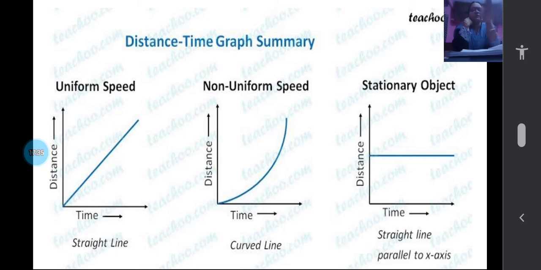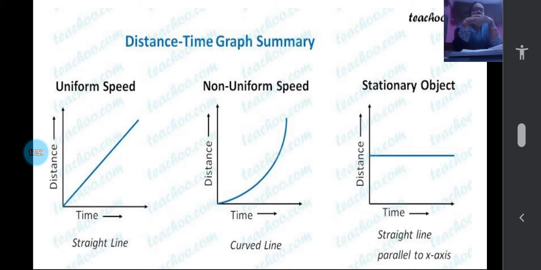But just by seeing the graph we can understand what type of motion the object is undergoing. See the first one: seeing this straight line, the slope, we can say that the object is moving in uniform motion. And seeing the curve as in the second case, we can say that it is undergoing non-uniform motion.